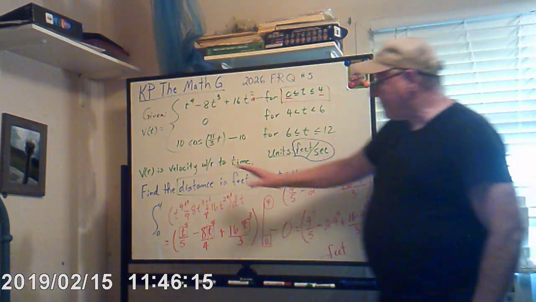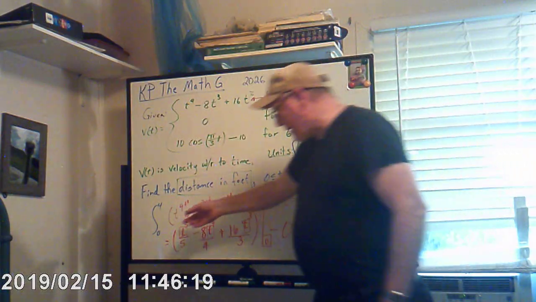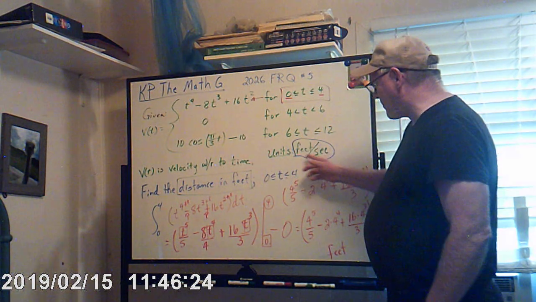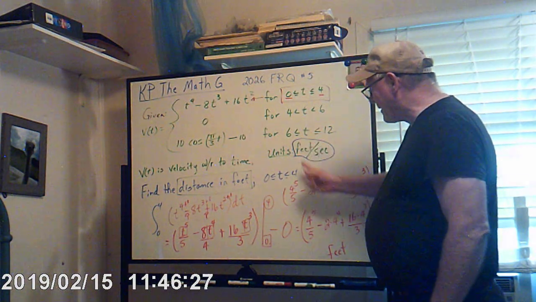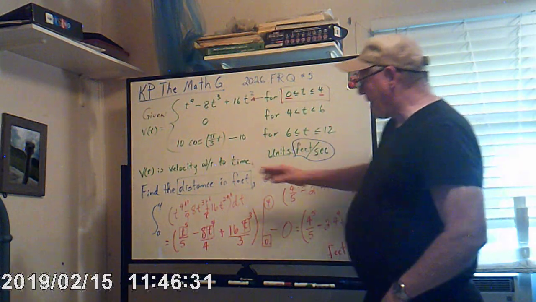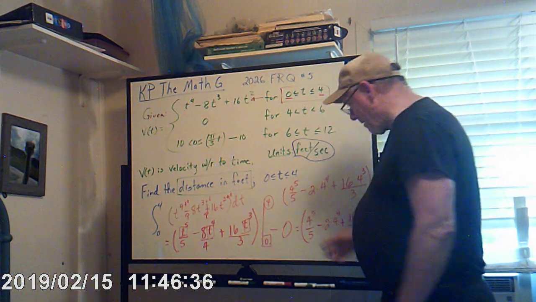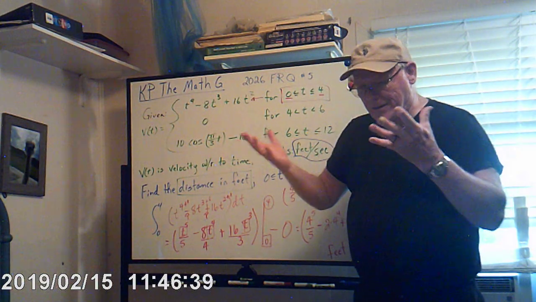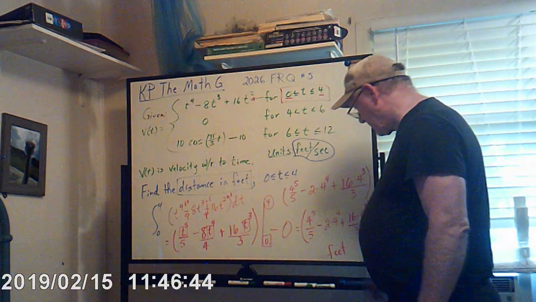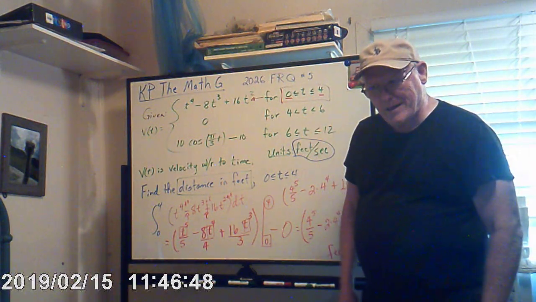Now remember, when you take the antiderivative, or we might say the definite integral of velocity, in terms of feet per second, the seconds are gone, and you have a unit of feet. So don't put feet per second. That was velocity. So when you took that definite integral, now it became feet. You're down to units. How far? How far did you go? Well, this many feet. Okay, there it is.